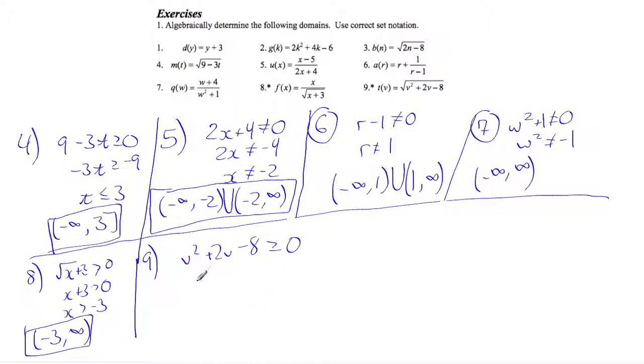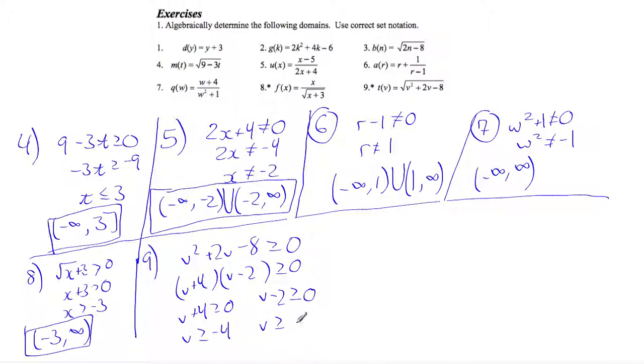So we could actually factor here. So this is going to be a v plus 4 and a v minus 2. It's going to be greater than or equal to 0. So v plus 4 is going to be greater than or equal to 0, and v minus 2 is going to be greater than or equal to 0. So v is going to be greater than or equal to -4.